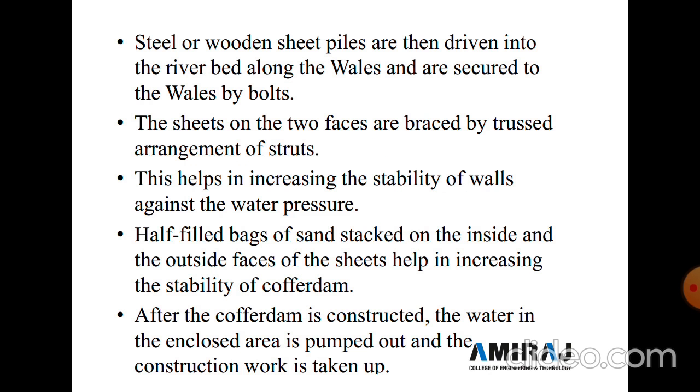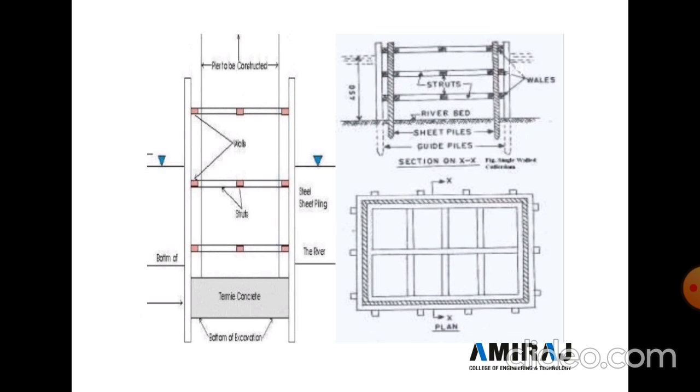So here in this figure you can see two sheet piles inserted in the ground, and these piles are supported by struts, wooden struts. After constructing this type of single wall cofferdam, the inner part water is dewatered by the pump.